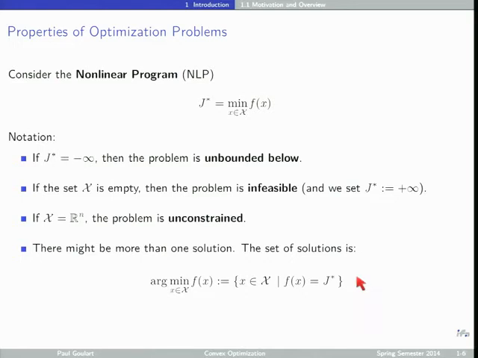What's the x that achieves that value? If J star is finite, there might not be any x that makes f equal to J star. Or there might be exactly one, or a finite number, or an infinite number. Basically anything can happen.